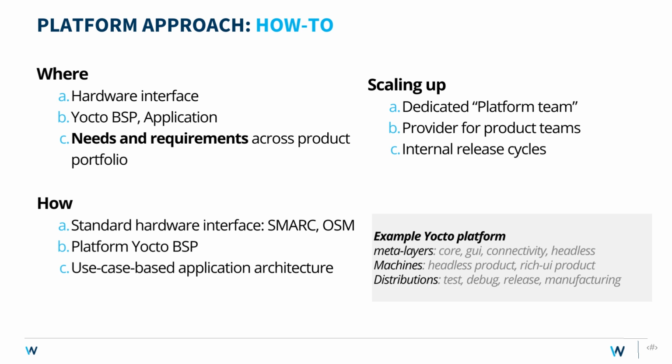For your Yocto platform, essentially you're building a platform for your BSP, and that's one way to architect it. Instead of thinking product, you're thinking reusable layers, reusable distributions and features. So you can have a headless device, you can have a device with HMI, you can have a device with different features.